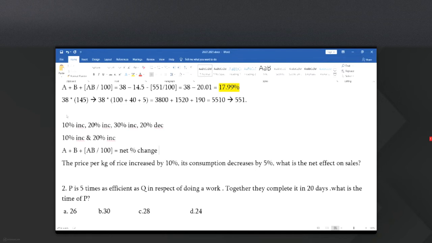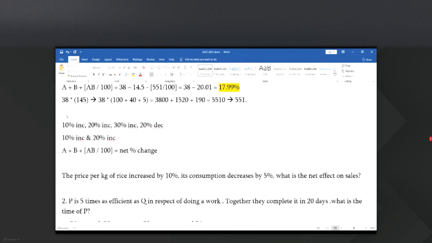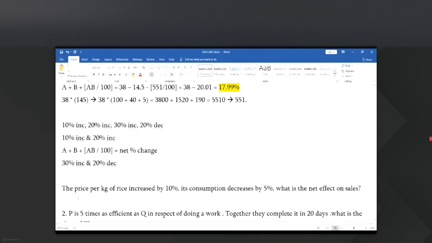Then I'll do the 30% increase and the 20% decrease. So again, you can find the net percent change using the formula.